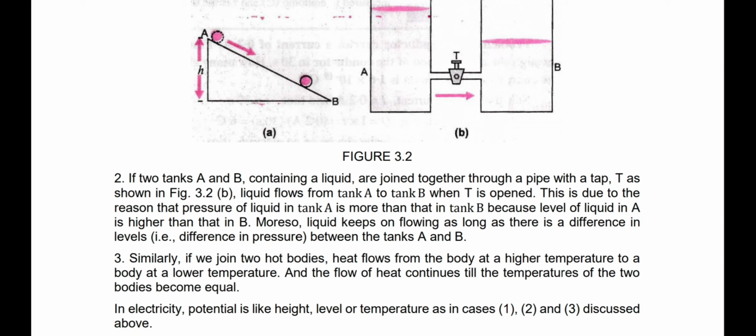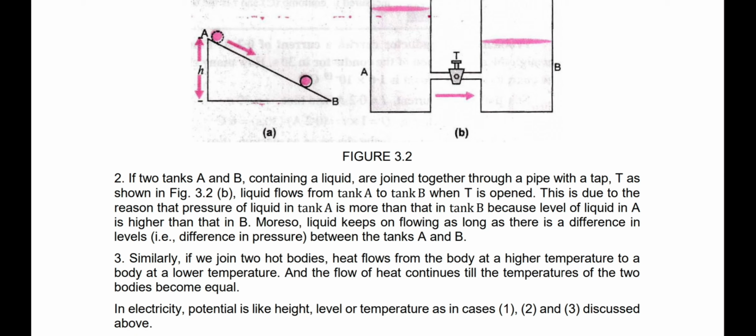Now the question arises, why is this happening? This is because the pressure of the liquid in tank A is more than in tank B, because the level of liquid in A is higher than that in B. So the liquid keeps on flowing as there is a difference in levels.